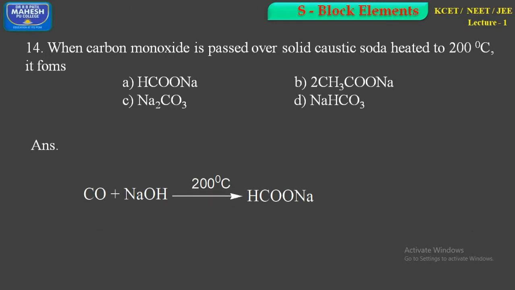When carbon monoxide reacts with sodium hydroxide at a high temperature of 200 degrees Celsius, we get sodium formate or sodium salt of formic acid. So option A is the right answer.